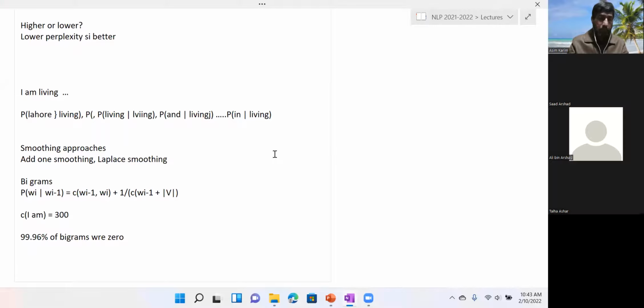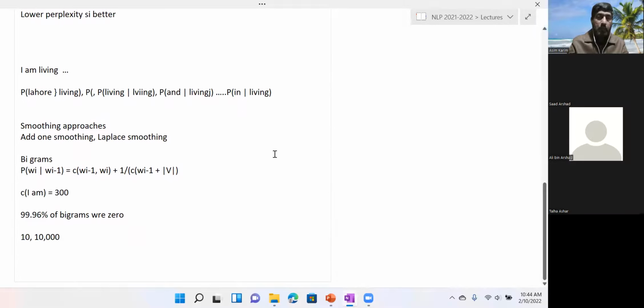So let me just take a simple example. Let's say 10 bigrams had a non-zero count, and let's say 10,000 had a count of 0. What would happen is you are giving 1 to those 10,000. So you are removing 10,000 counts from those 10 observed bigrams so that you can give 1 to those that are unobserved.